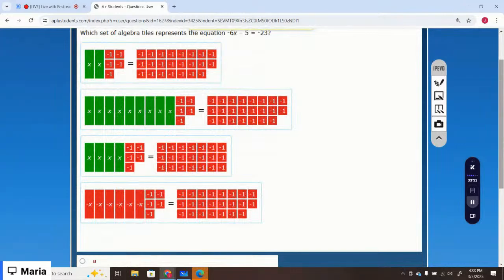Which is the correct option? Option number D is the correct option.